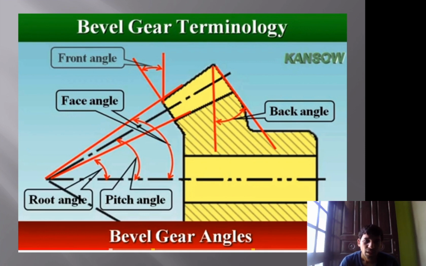Similarly, the pitch angle is the angle between the pitch of the gear tooth and the axis of the shaft. The angle between the face of the tooth and the axis of the shaft is known as the face angle. You may get a better idea by looking at this figure.